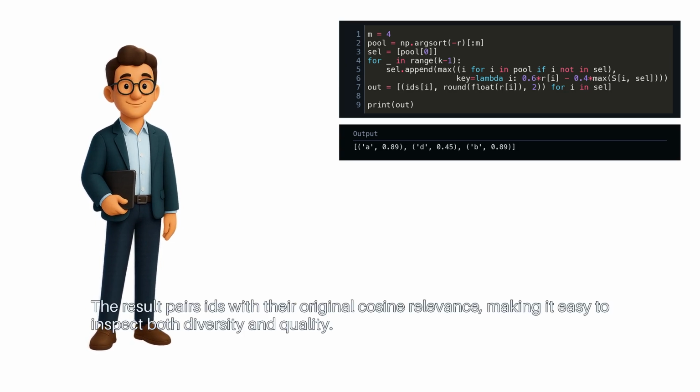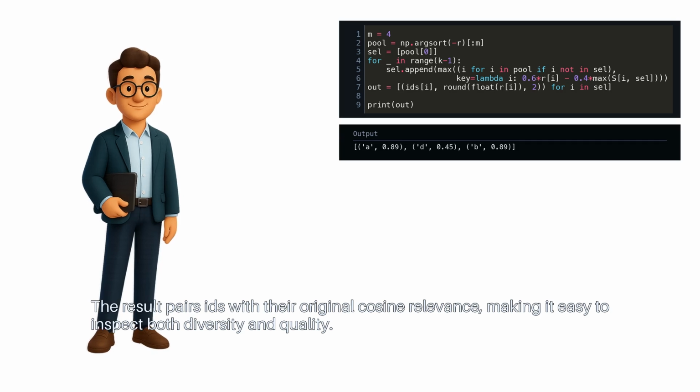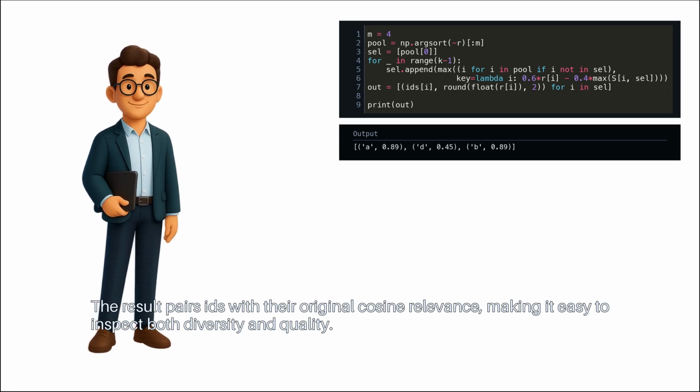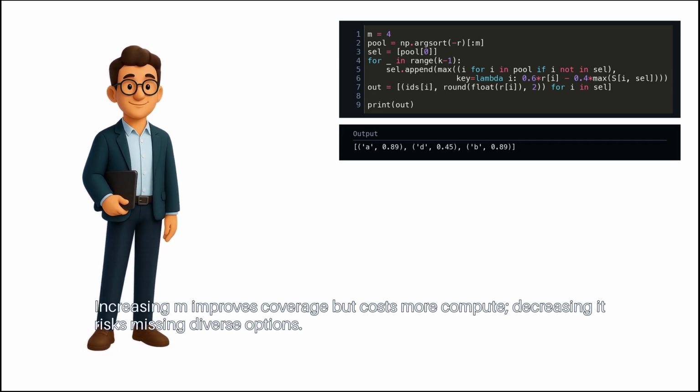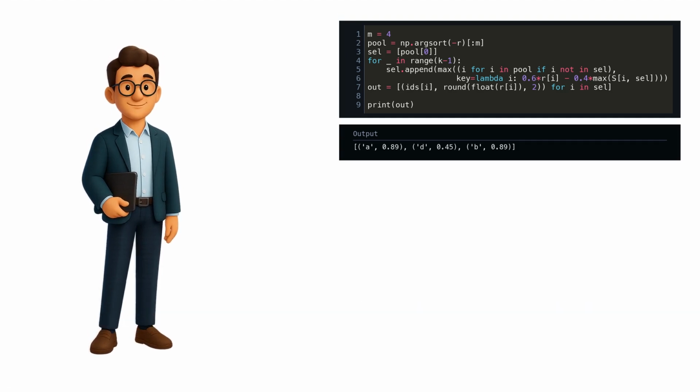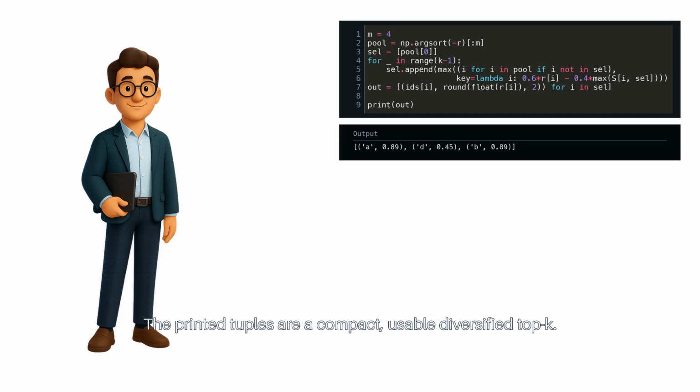The result pairs IDs with their original cosine relevance, making it easy to inspect both diversity and quality. Increasing M improves coverage but costs more compute. Decreasing it risks missing diverse options. The printed tuples are a compact, usable, diversified top K.